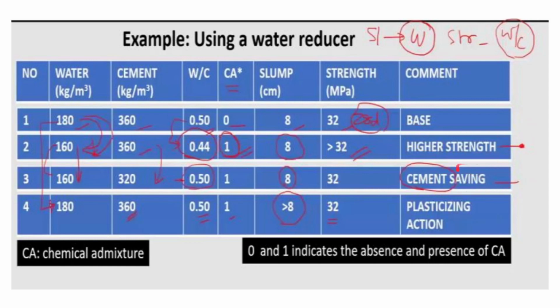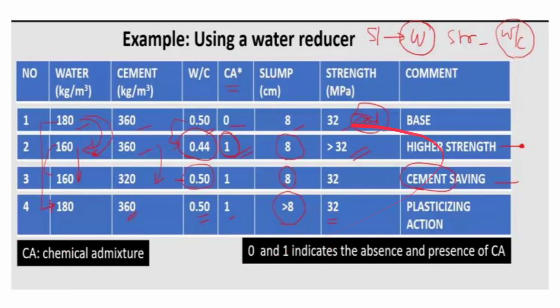In the case of cement saving, we wanted the same water cement ratio, okay. Because the water content was reduced, the cement also got reduced, so we are getting the same strength at a lesser cement content, so the cement is saved, okay. And in plasticizing action, we want more slump, so we keep everything the same and just add the chemical admixture, and using this principle, it has given more workability or slump, okay.